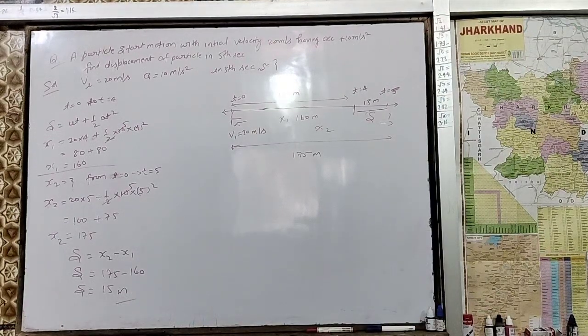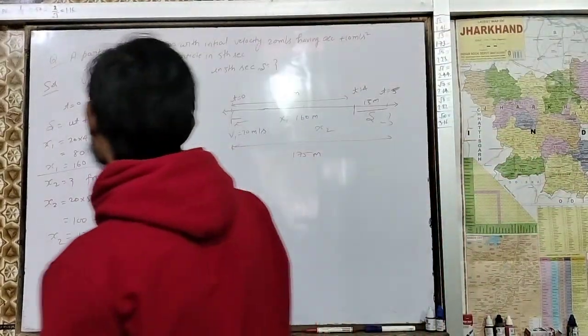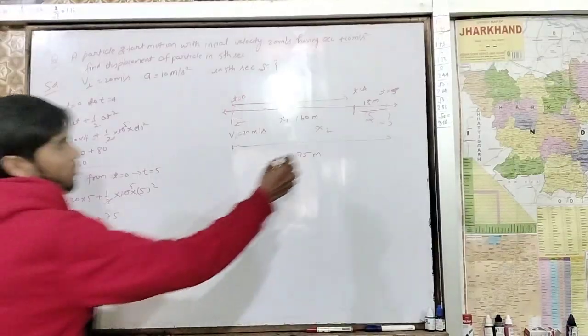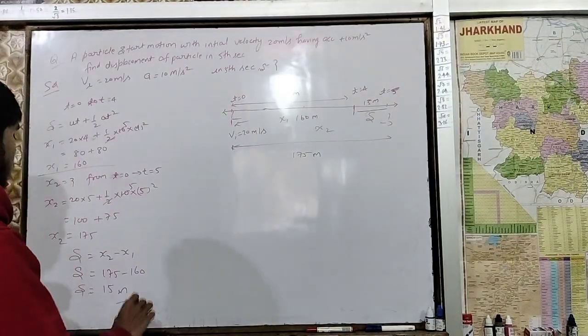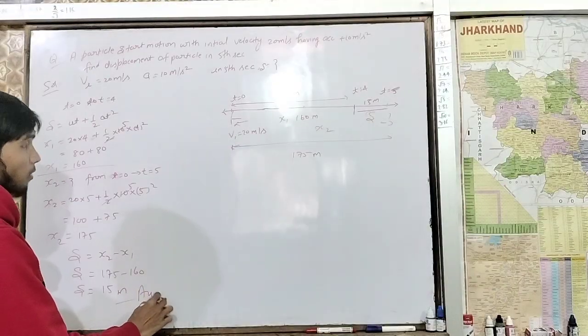So two fives are 10. 100 plus two fives are 10. Yes, so this part is how much? 50 meter. This part is 50 meter. This is your answer. That is how you will solve.